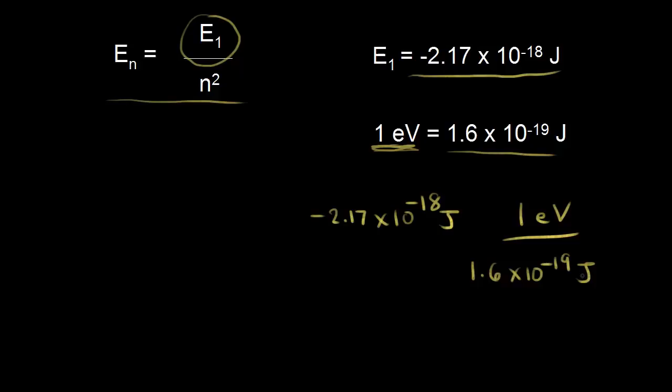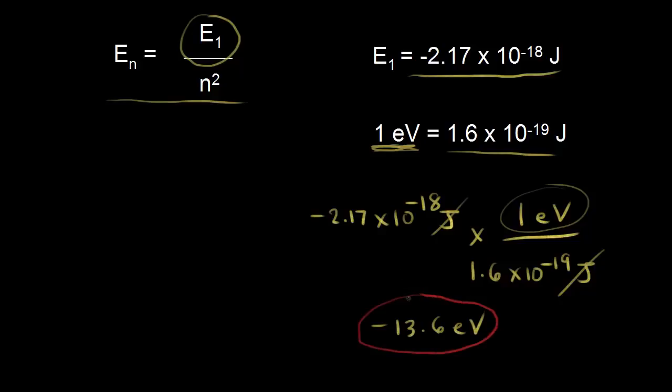And so I have a conversion factor here. And so if I multiply these two together, the joules would cancel and give me electron volts as my unit. And so if you do that math, you get negative 13.6 electron volts. So once again, that's the energy associated with an electron in the lowest energy level in hydrogen.